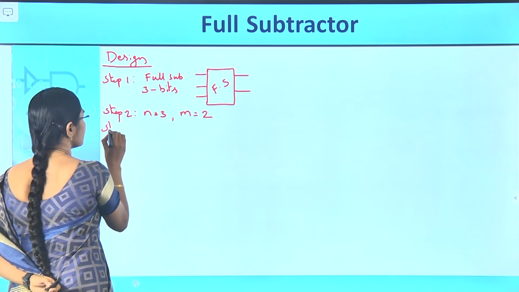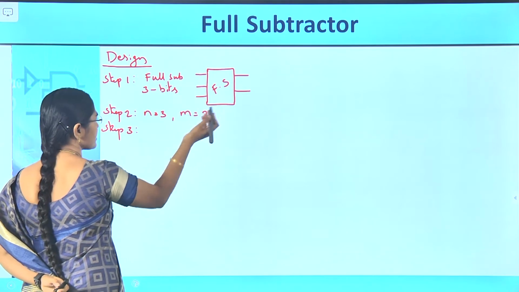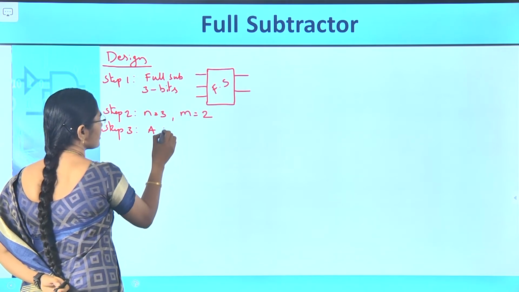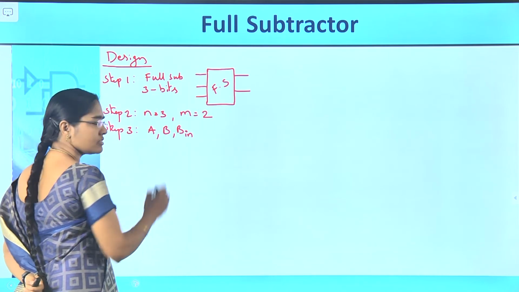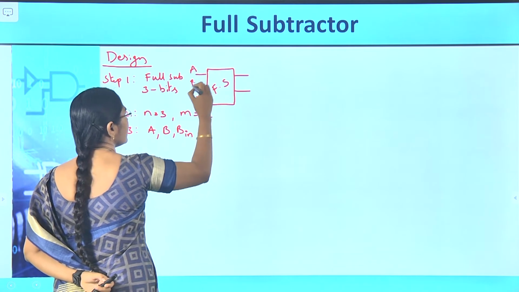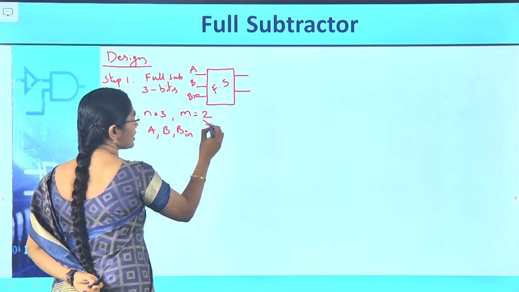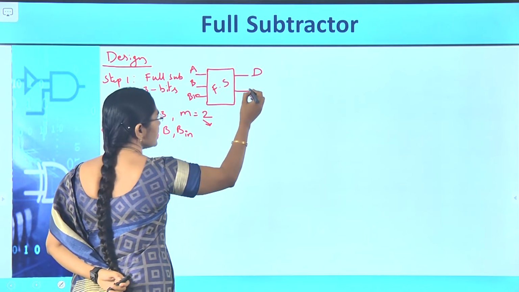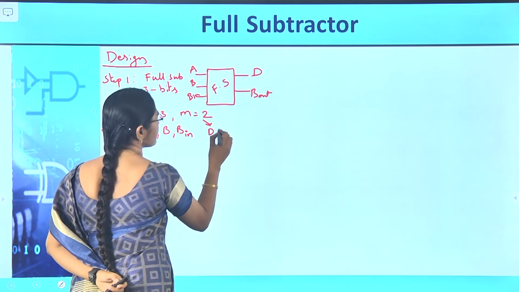Step 3 is giving letter symbols to the inputs and outputs. Let us give the inputs as A, B, and B in, which is the borrow from the previous stage. Then the outputs are the difference D and the borrow out B out.